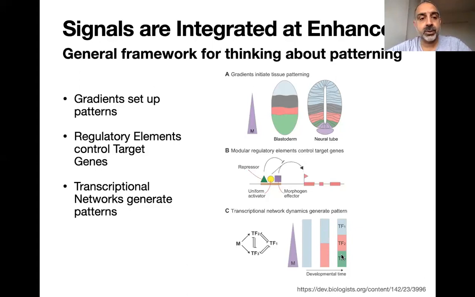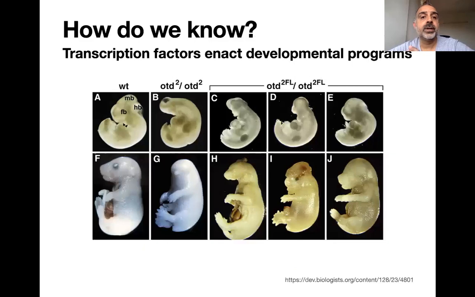What I want to talk about is these downstream components. So these genes that are now regulated, and how they're regulated, and what does that mean? And so we know that particular transcription factors, for example, enact developmental programs.